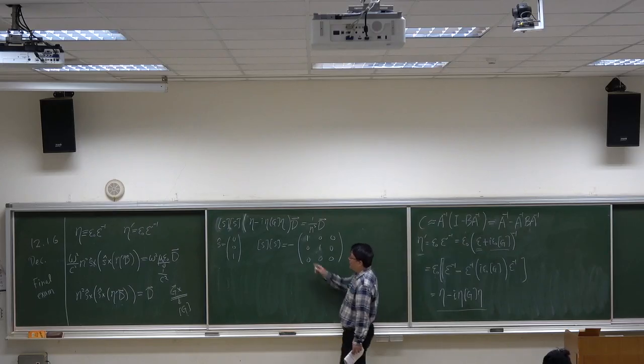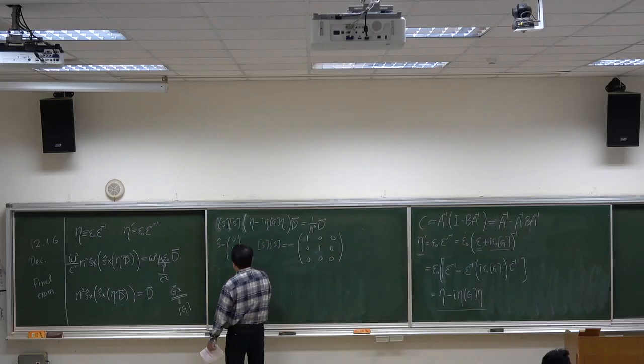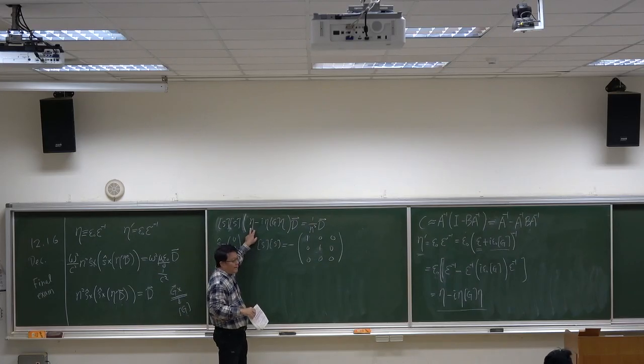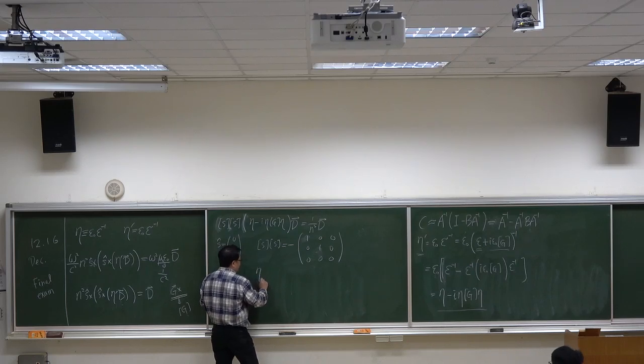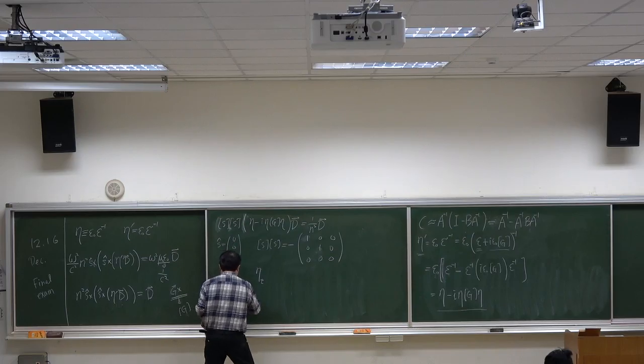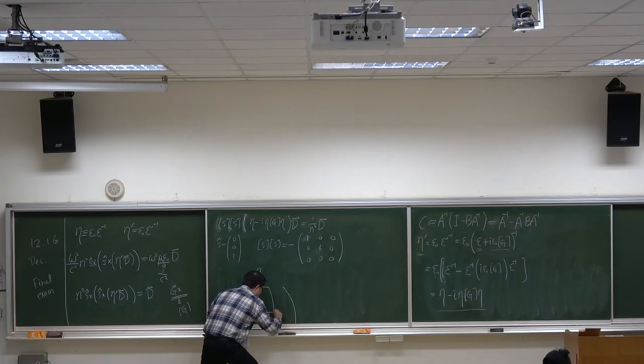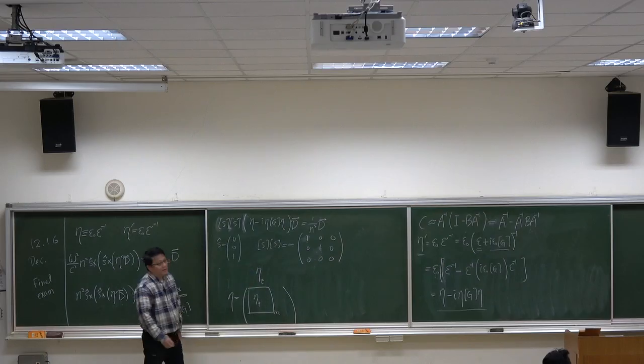And similarly for eta. Although originally we have eta as a 3 by 3 matrix, but now we can use only the 2 by 2 part. Eta is originally this one, and this part, this 2 by 2 part, is the so-called eta t.